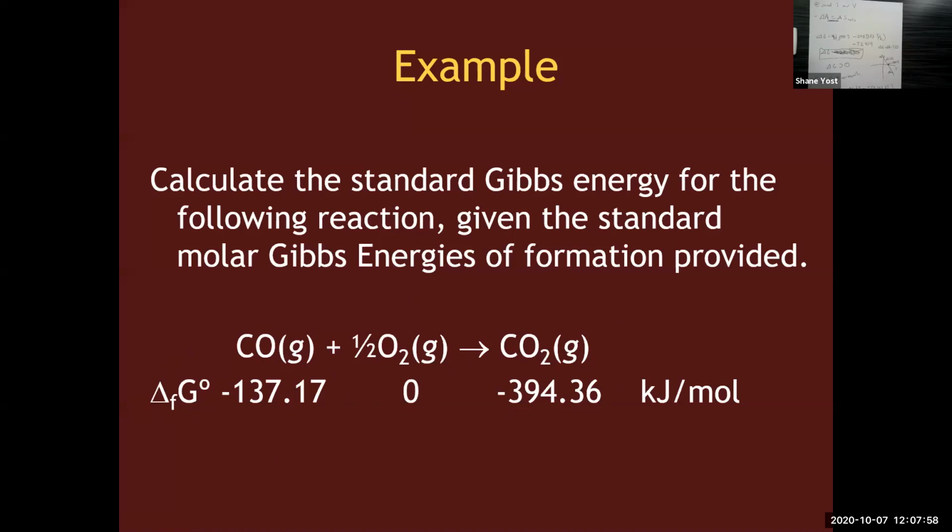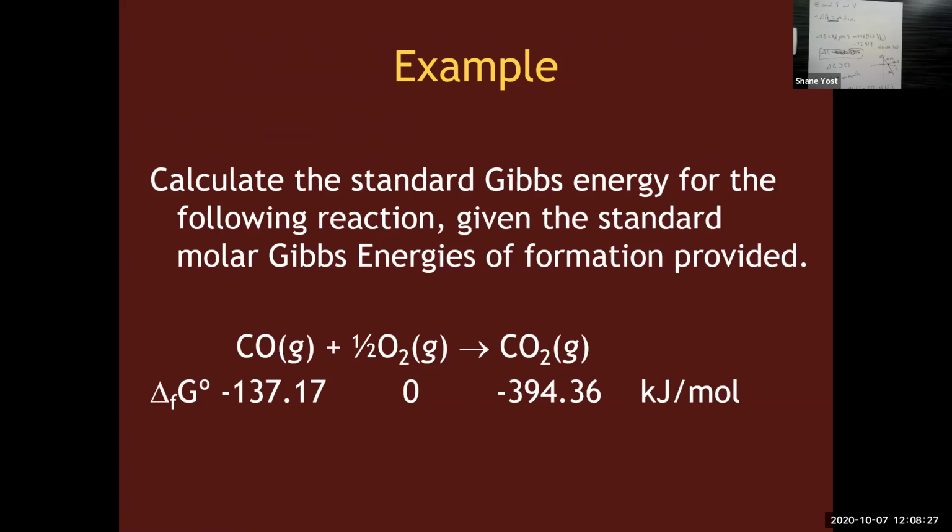So how would I get the free energy change for this reaction? I do products minus reactants, which is negative 394 minus a negative 173.17, which ends up being a plus 173.17. I did not have the answer written down right, but whatever, what is that?